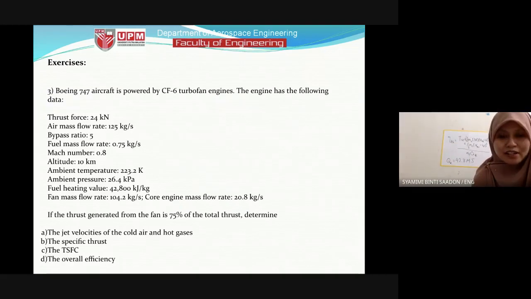So the first one is the specific thrust. The second one is TSFC.